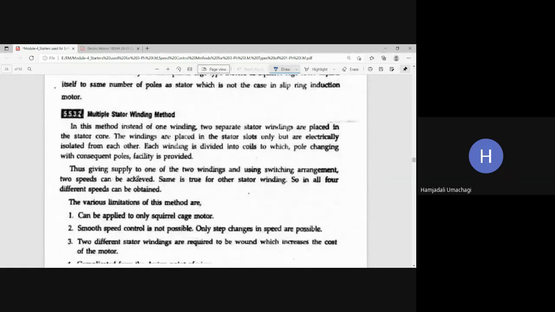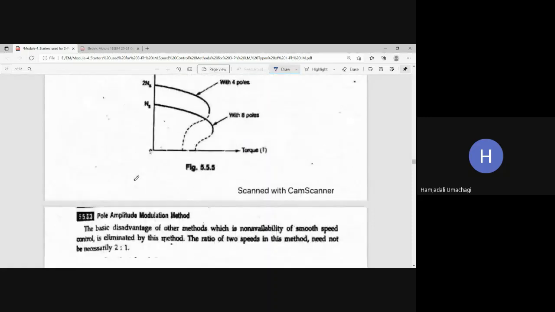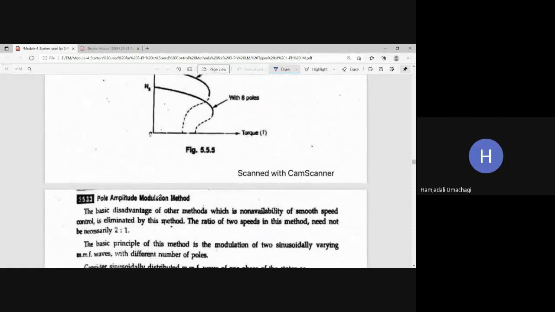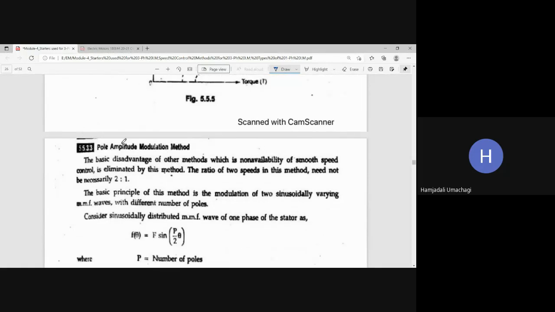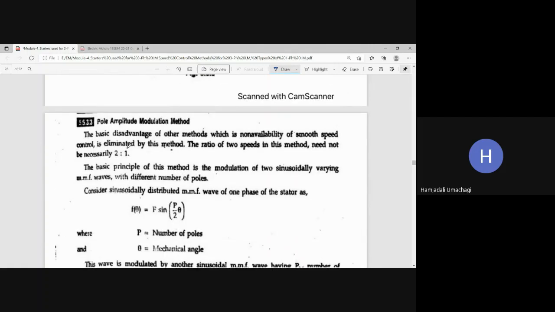In the third case, the pole amplitude modulation method, we just modulate the amplitude of the flux wave of the stator poles. Because of that, we are able to control the speed of the three phase induction motor.